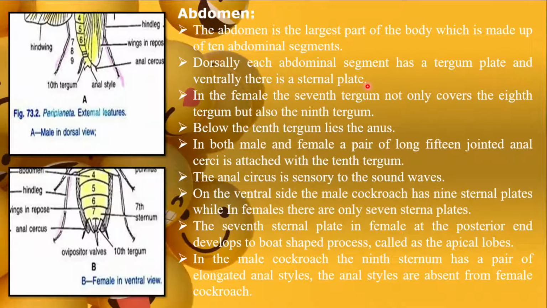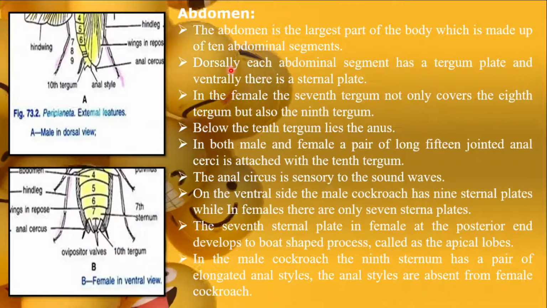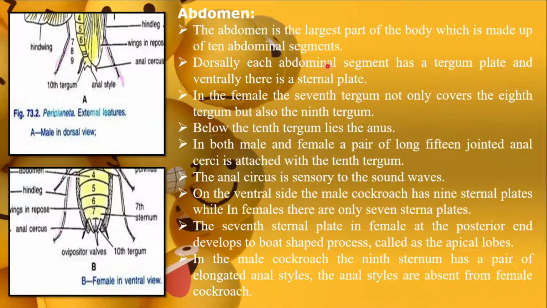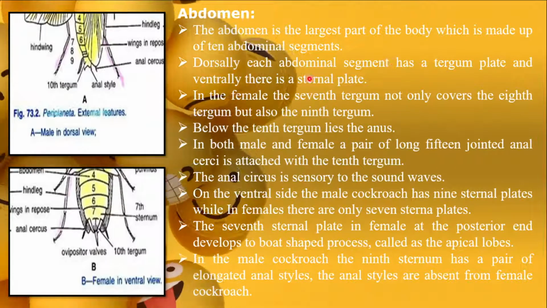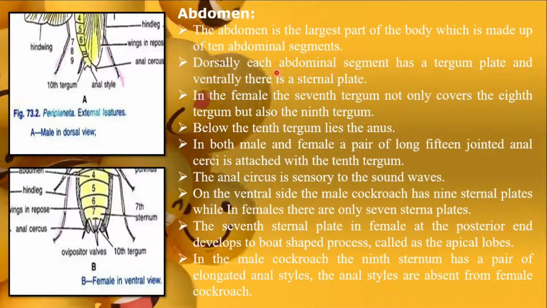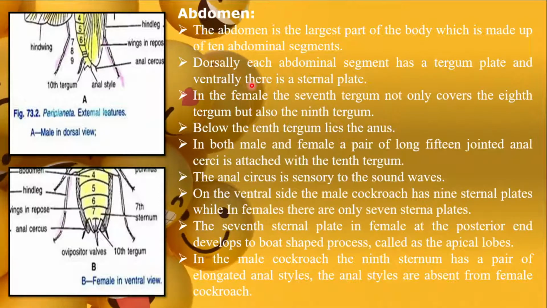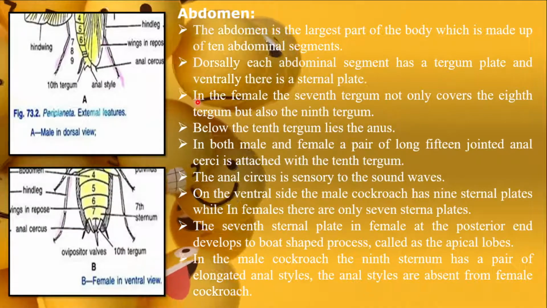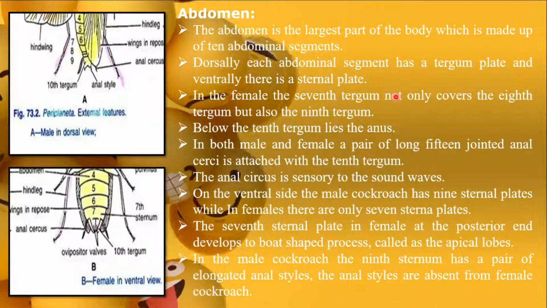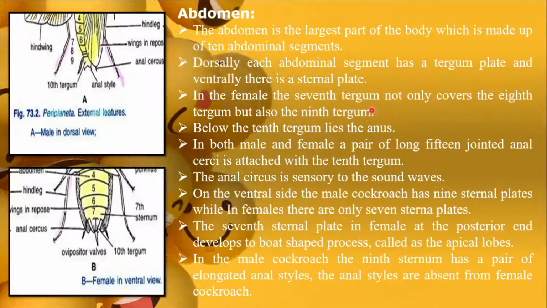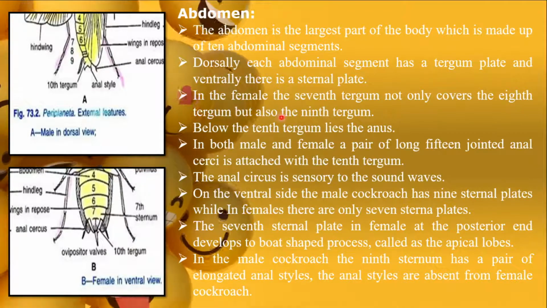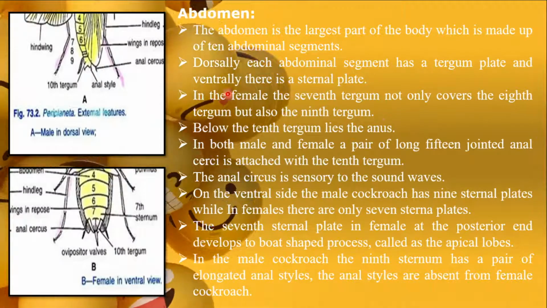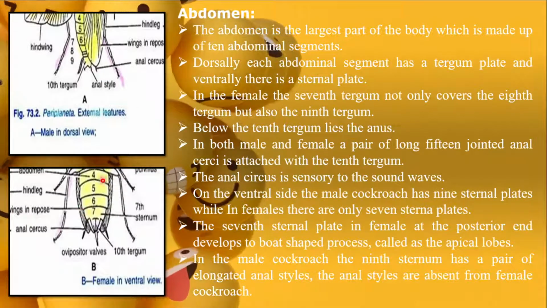We have studied in the previous slide also that on the dorsal surface the dark segments are present, which are called tergum, and on the ventral surface the smooth segments are present, which are called sternal plates. In the female, the seventh tergum not only covers the eighth tergum but also the ninth tergum. Now see the structure of the female here.